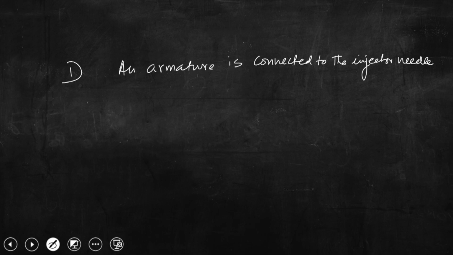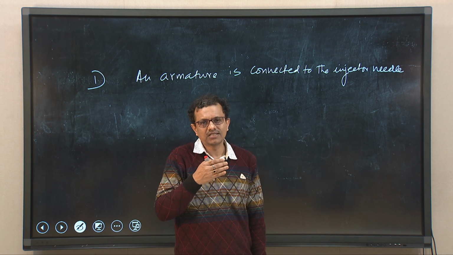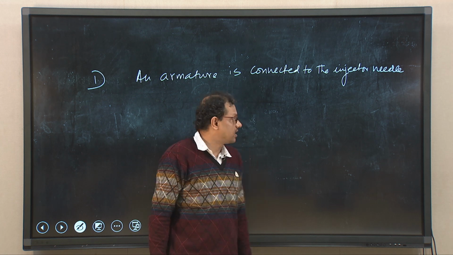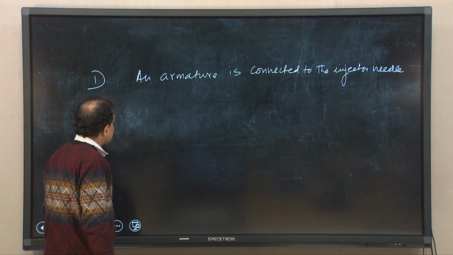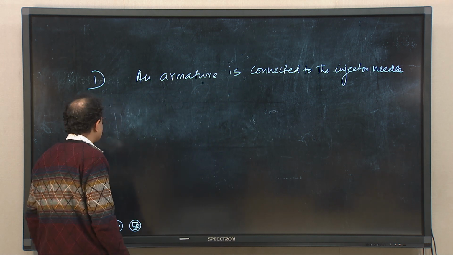So basically our objective is to measure this lift of the needle, and to do that we will be using a frequency modulated system which records the changes of inductance in a coil. And what is done, essentially, an armature is connected to the injection needle.